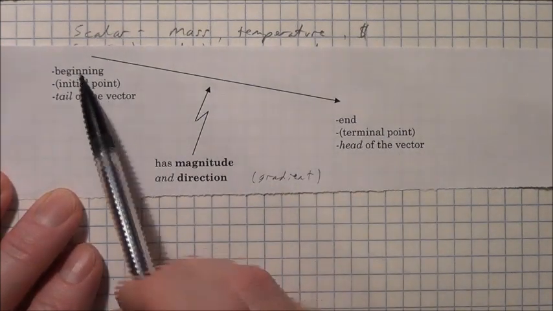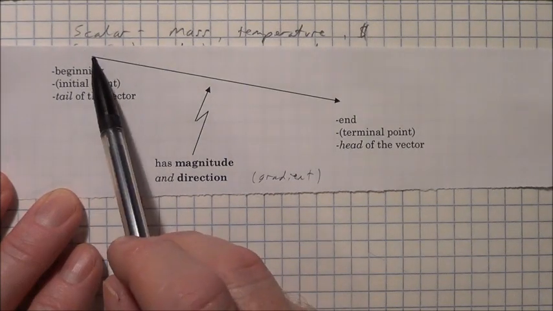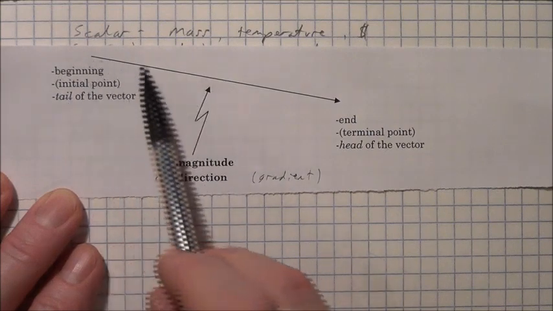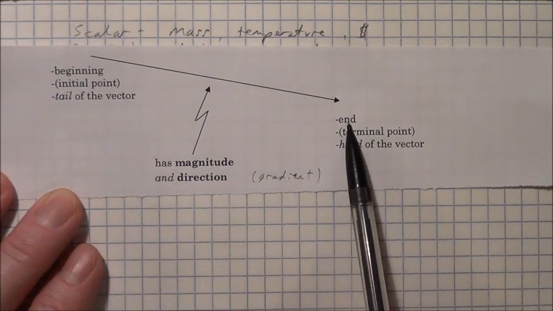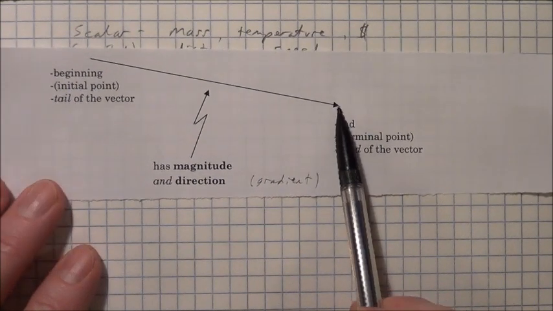Vectors have a beginning or initial point, also called the tail of the vector. So where the vector originates, that's the tail of the vector, and it ends. The terminal point of the vector is also called the head of the vector, and that's where we draw the arrowhead.